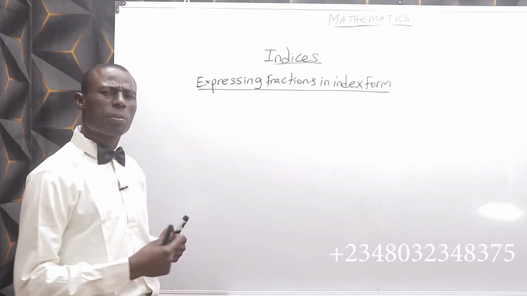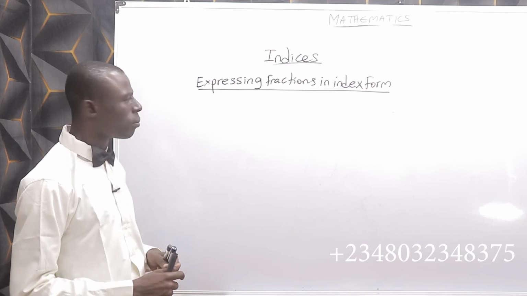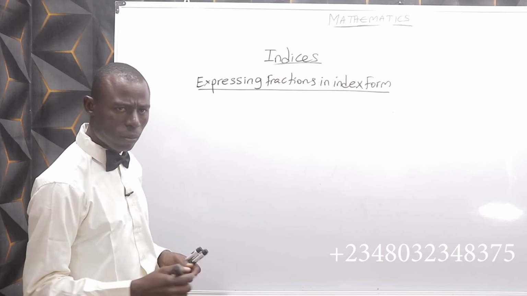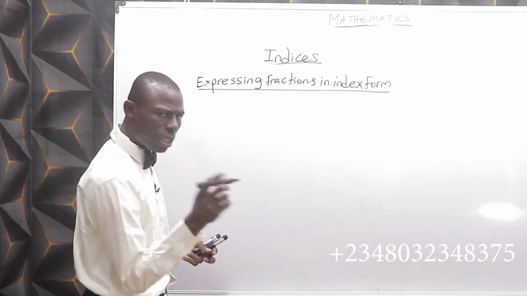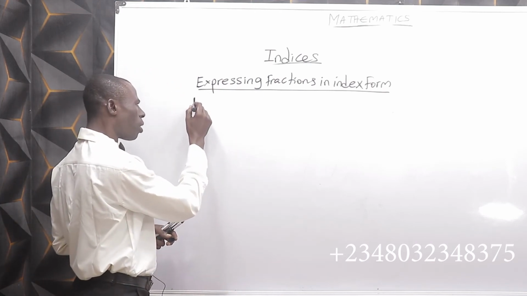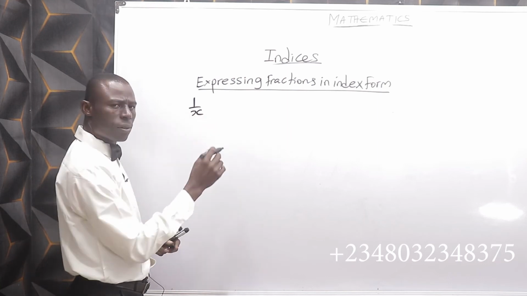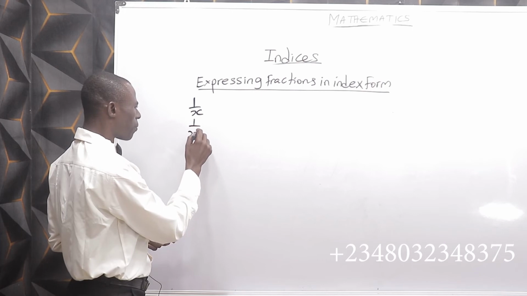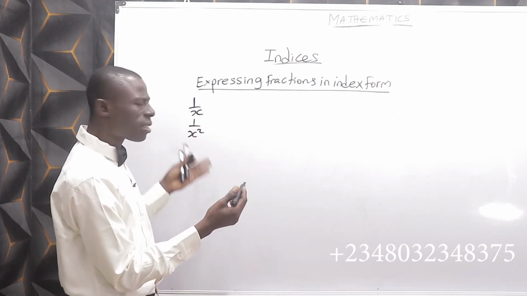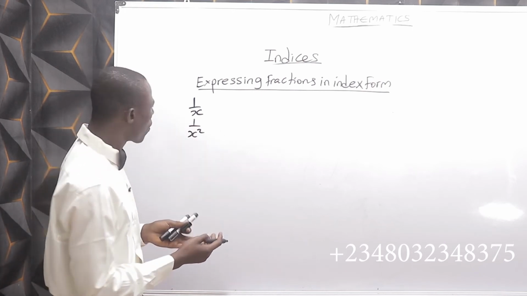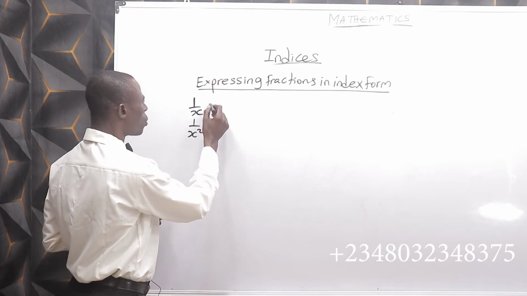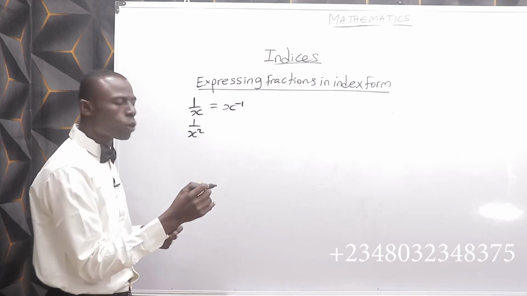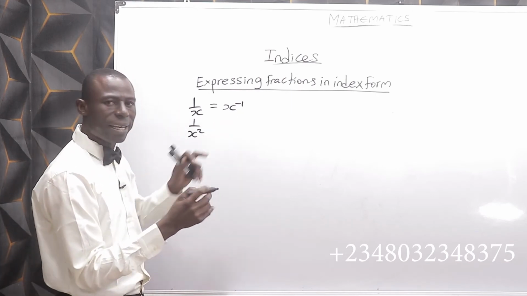Let's see how to express fractions in index form. So to express a fraction in index form, if you have something like 1 over x, something like 1 over x squared, how do you express this perfectly in index form? 1 over x will be expressed as x raised to power minus 1 to make it be in index form.